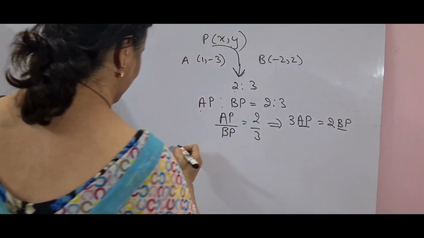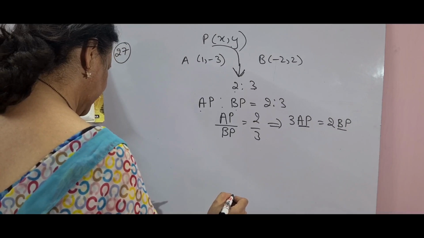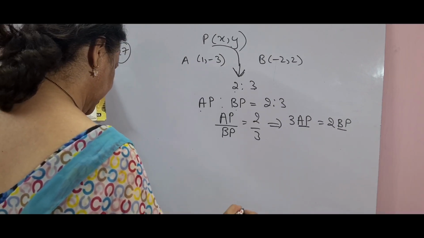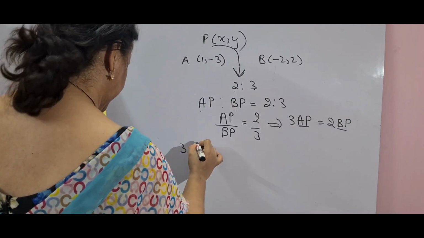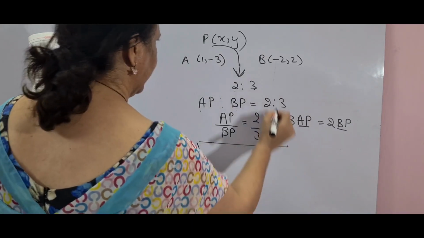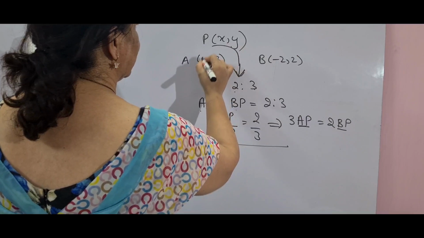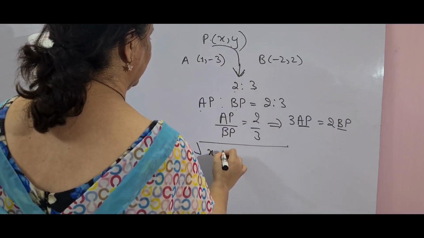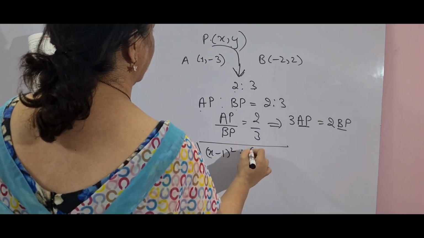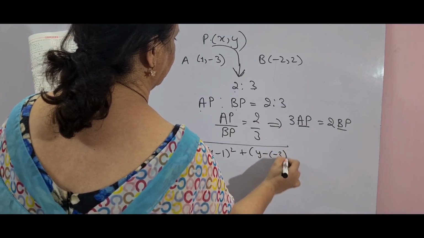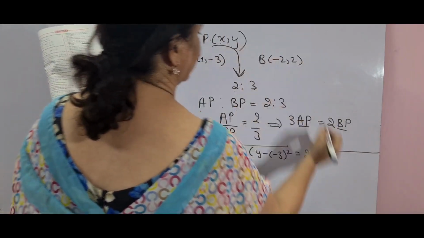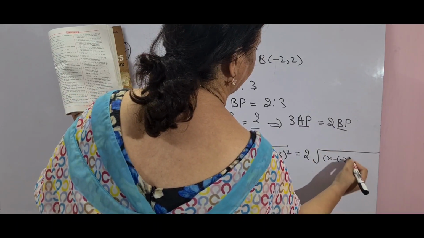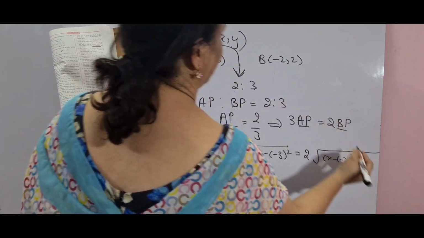I'll do it so that afterwards you solve it yourself and do the needful. For example, this will come as 3 into under the root x minus 1 whole square plus y plus 3 whole square is equal to 2 into under the root x minus 2 whole square plus y minus 2 whole square. I hope you have followed.